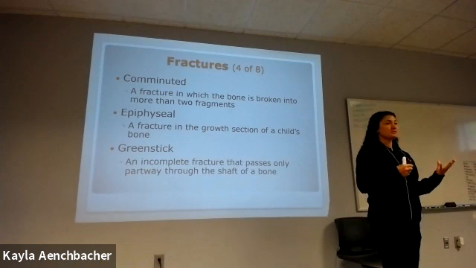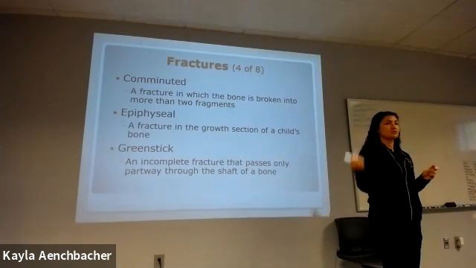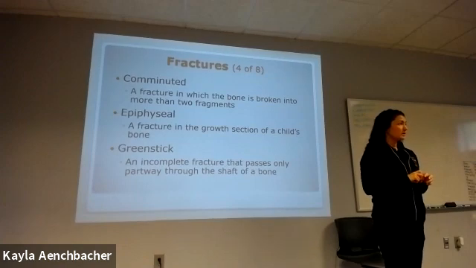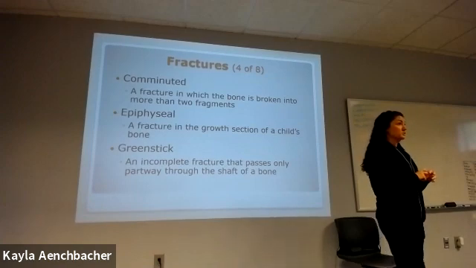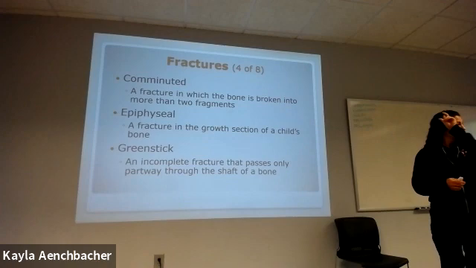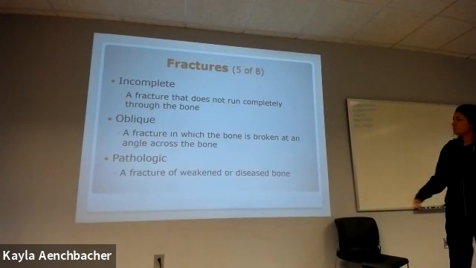Kids' bones are a lot more pliable, so it might actually bend under pressure a little bit and only have a partial fracture. So keep that in mind about children's bones. They're more bendable to a certain extent, and we see these incomplete fractures more so than just straight up broken in half, if you will.